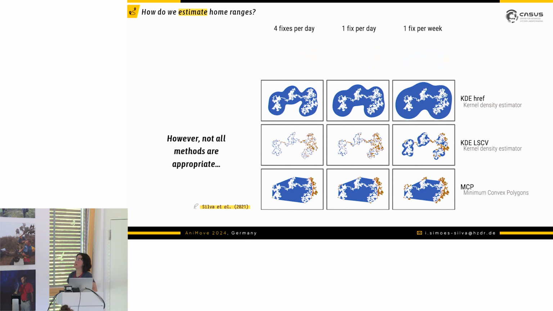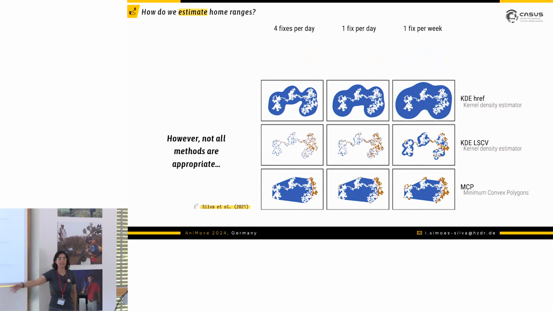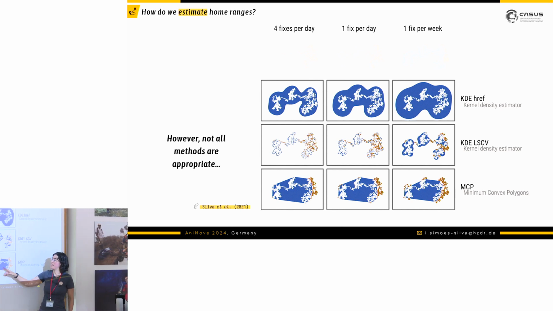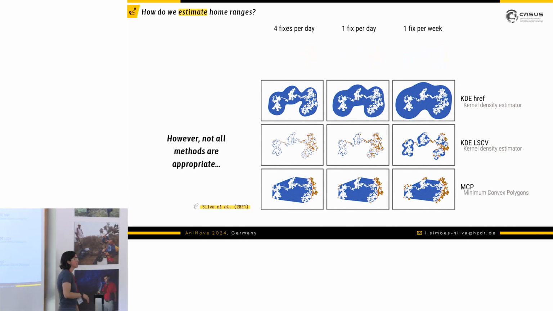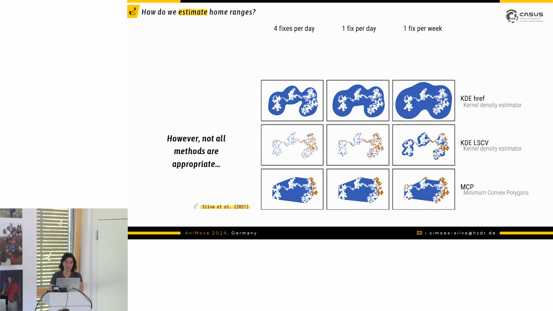So they're not sampling independent. The MCP, obviously depending, may look a little bit more stable, but then as we see, especially in this case, it's accounting for an area that maybe is not used by the animal, but again, it has other problems beyond just sampling independence.